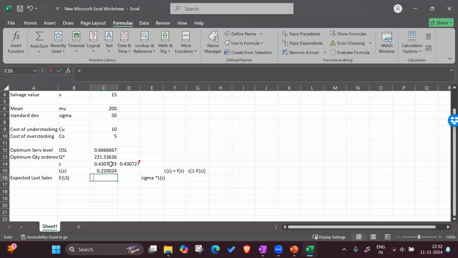And once we have L of Z, that is L of Z with the sigma value, this is going to give us the expected loss sales.